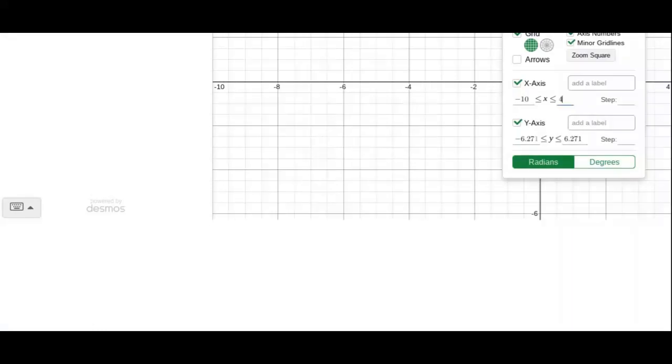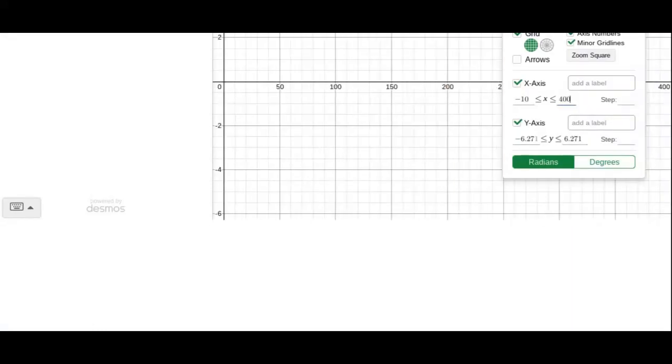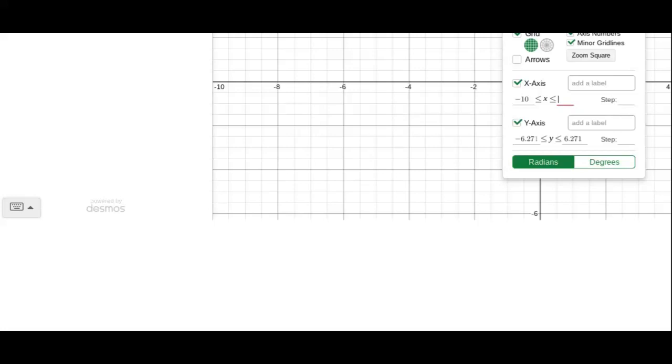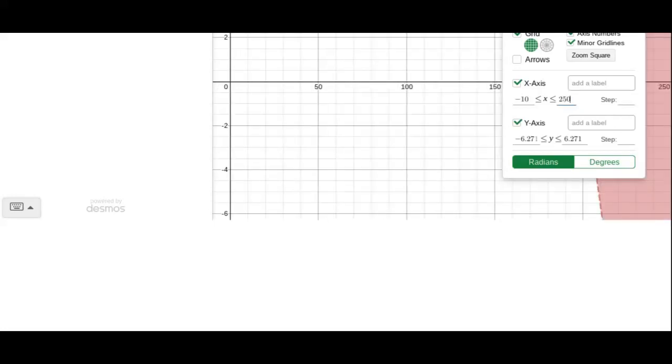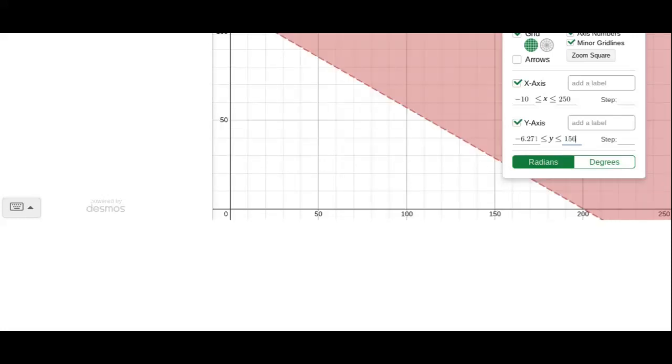Maybe I change this to, we'll just play around, 400. You can see now that was way large enough because there's 200. So I'm going to drop that down to maybe 250, so we can see a little past that. Our y-axis, we still don't see that point. So again, let's try 150 and see if that does it.